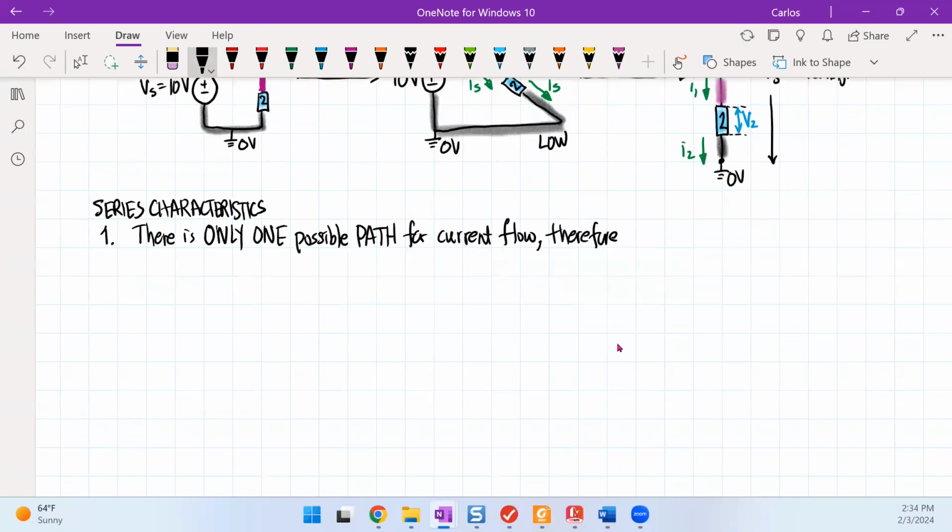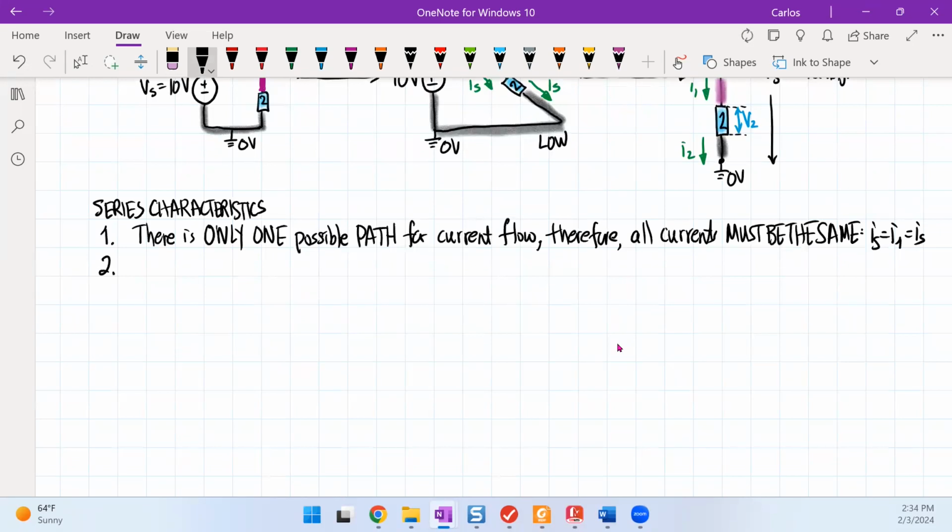Therefore, all currents must be the same. In other words, I source has to be the same as I1, has to be the same as I2.